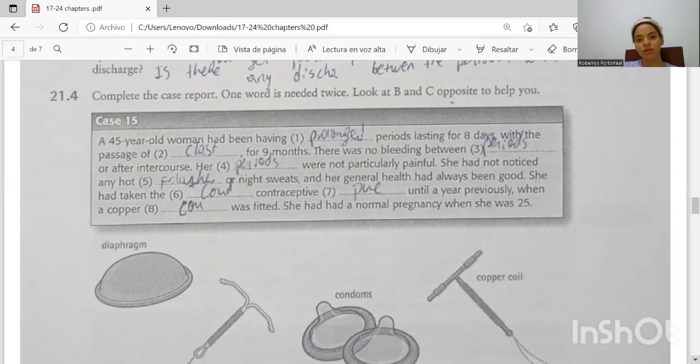Her periods were not particularly painful. She had not noticed any hot flushes or night sweats, and her general health had always been good. She had taken the contraceptive pill until a year previously when a coil was fitted. She had had a normal smear when she was 25.